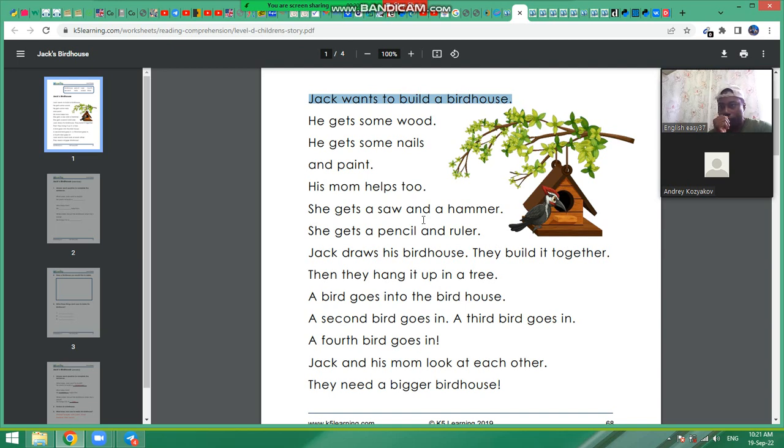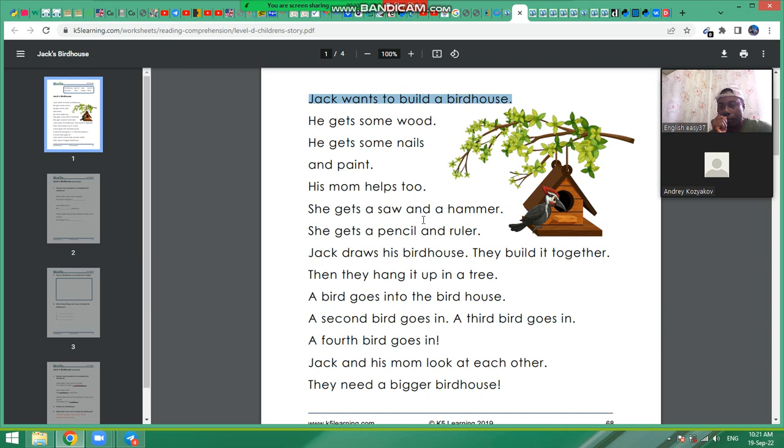In the present tenses, when we say in general, Jack wants to build a birdhouse, but we don't say when exactly he wants to build it, or whether he actually already started to build or not. We don't understand from this form.